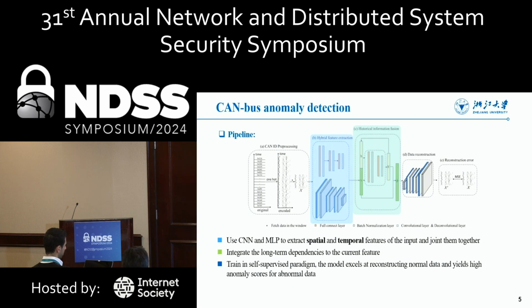And in the green field, the extracted features are fused iteratively with historical features in order to capture long-term dependencies of CAN traffic data. Finally, a decoder is used to reconstruct the input traffic, and mean square error is used to calculate the reconstruction error as the anomaly score.